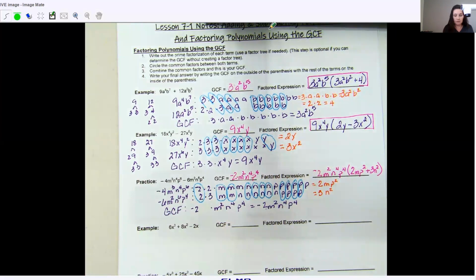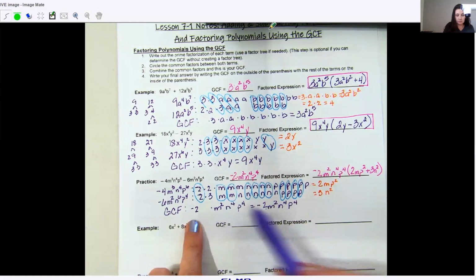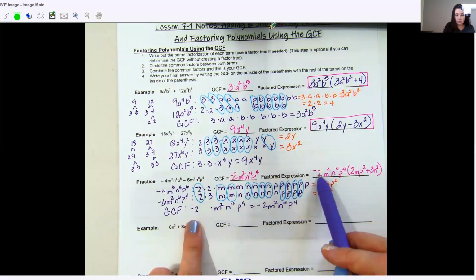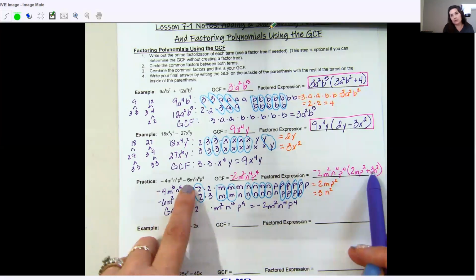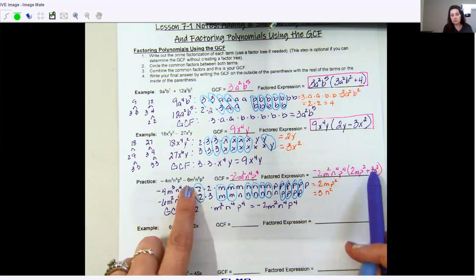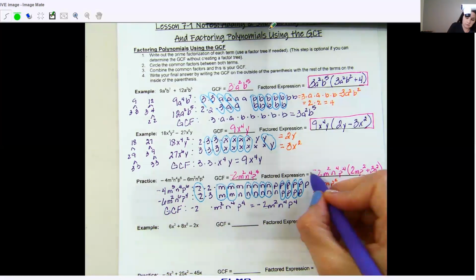So I'm going to pull out the negative. Okay, and so that's why that's here. Okay, so I have negative 2 times 2 gives me negative 4, and negative 2 times a positive 3 gives me negative 6. So I could go back and check those to make sure it's correct. And it's a good thing that I just did, because I did something wrong in my problem and I was able to catch it. Okay.